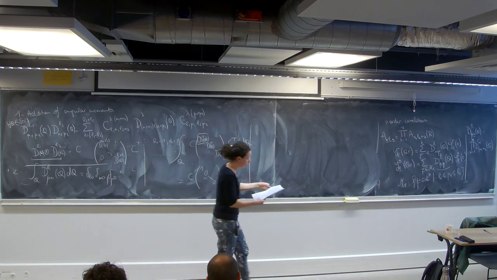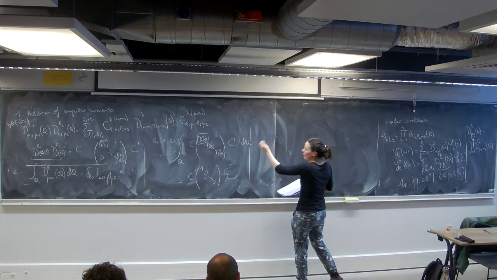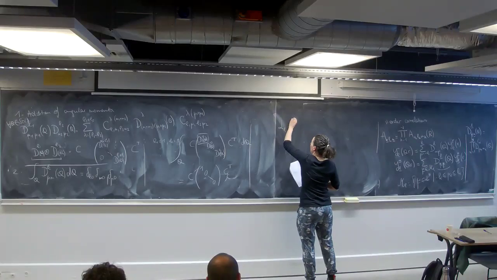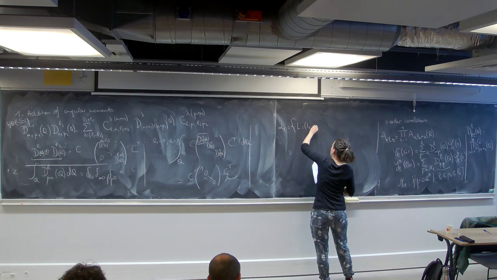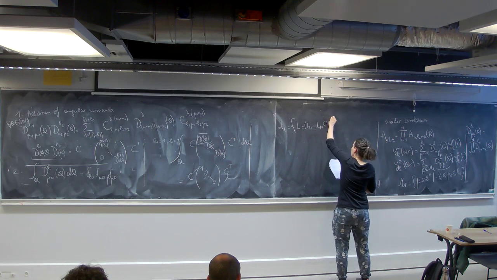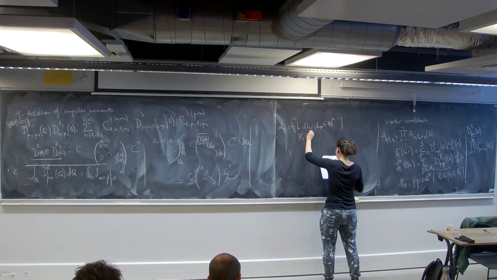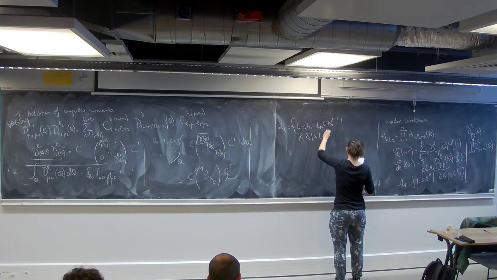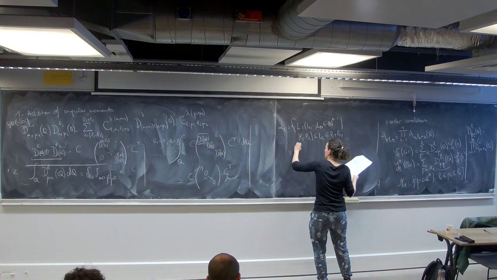In general, we have a set of these lambdas that I will define as L up to n minus 1, all the L's that satisfy the same conditions.